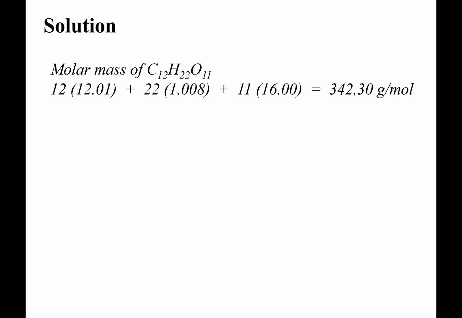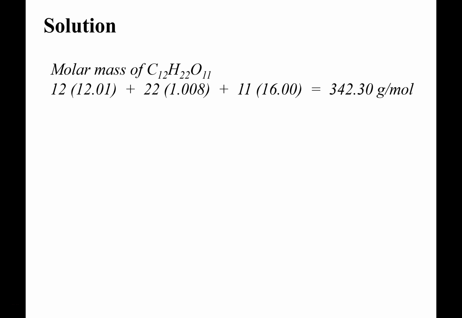So the molar mass of the molecule, well, that's kind of a fun phrase too, is 342.30 grams per mole. So what's this term going to be? Yep. 1 mole over 342.30 grams.